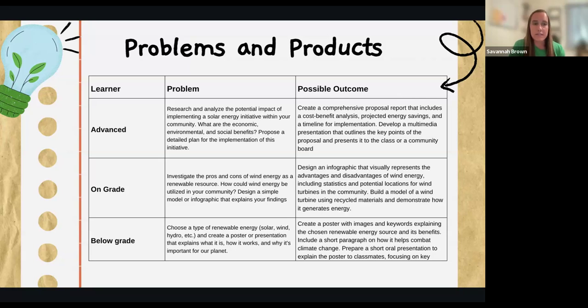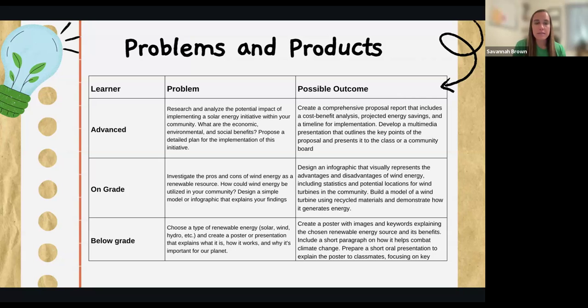So I just gave 3 examples. Of course, you don't have just 3 levels of learners in your classroom at any given time. You can have so many more and so many other things that you need to differentiate for. However, I just gave 3 examples for advanced, on grade, and below grade students.